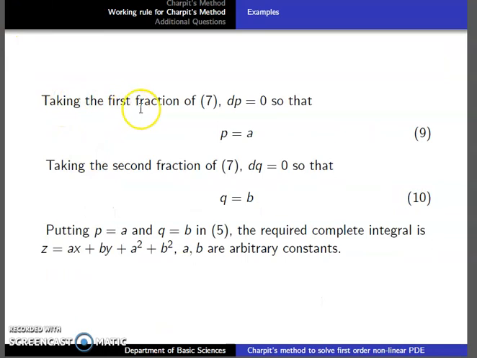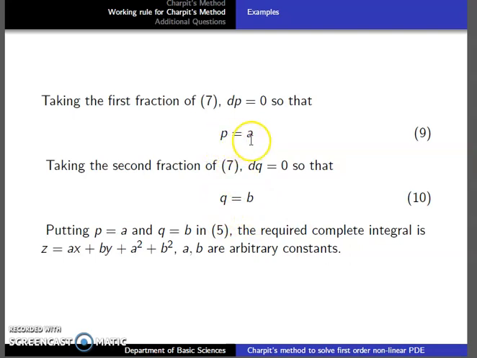Then taking the first fraction of equation 7, we have dp equal to 0, which on integration gives p equal to some constant a. Taking the second fraction of 7, we get dq equal to 0, which on integration gives q equal to b.